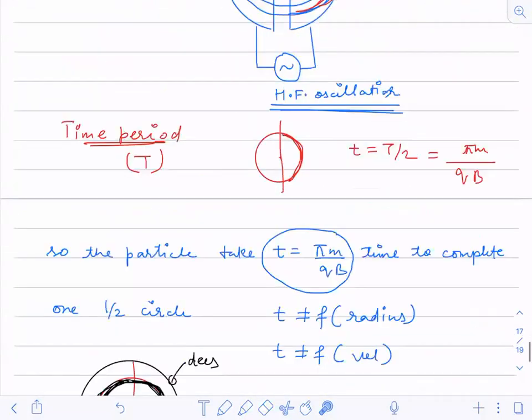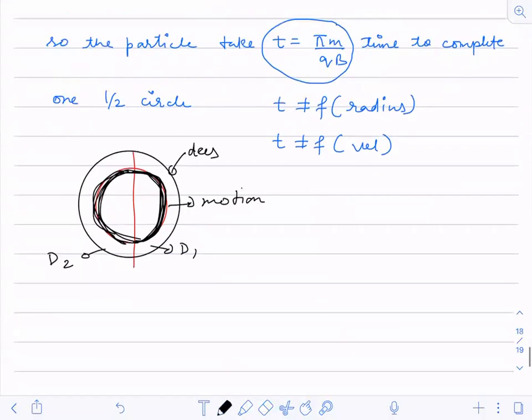So what I can say is that the time period T is equal to 2 times of t. The time period of changing the polarity is 2 times of t. Why? Because it is moving from here to here, and then again from here to here. So the total capital T is equal to twice the half-circle time t.